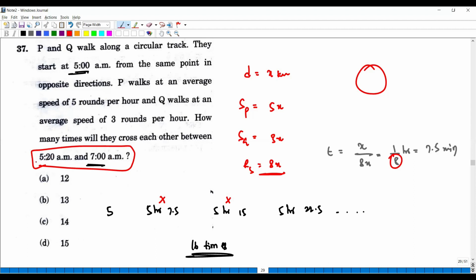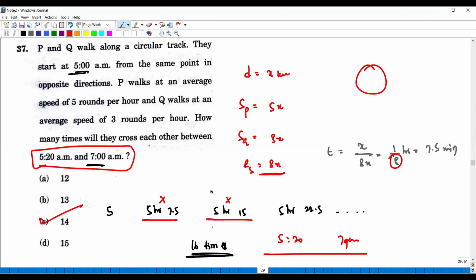Out of these 16 times, the first one is excluded, the second one is excluded, because he is asking between 5 a.m. and 7 a.m. So I'll take it as 5:07.5 is neglected and 5 hours 15 minutes also neglected. So if I take it from 5:22 to 7 a.m., they'll be meeting 14 times.